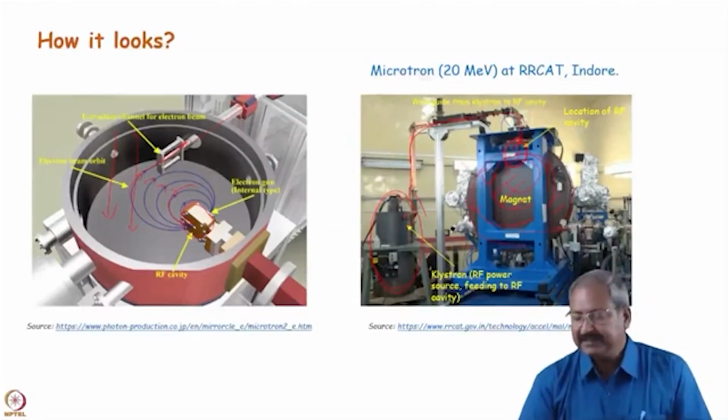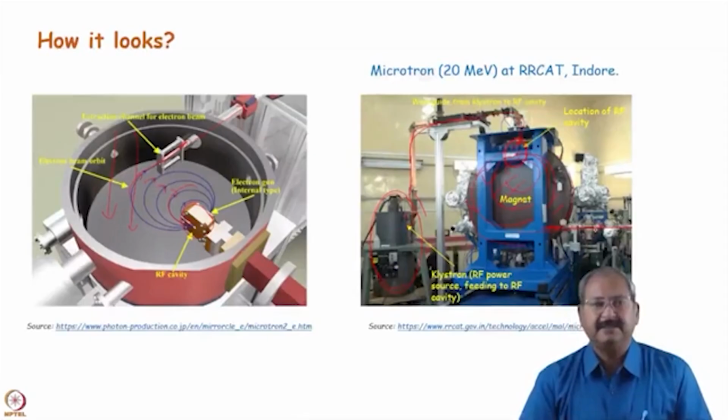And there is an extraction channel inside this microtron, and the ejected particle goes through this line. This line also contains various magnets to control the charged particles, so it has certain charged particle optics here in front of this. This microtron raises the energy up to 20 MeV for electrons.